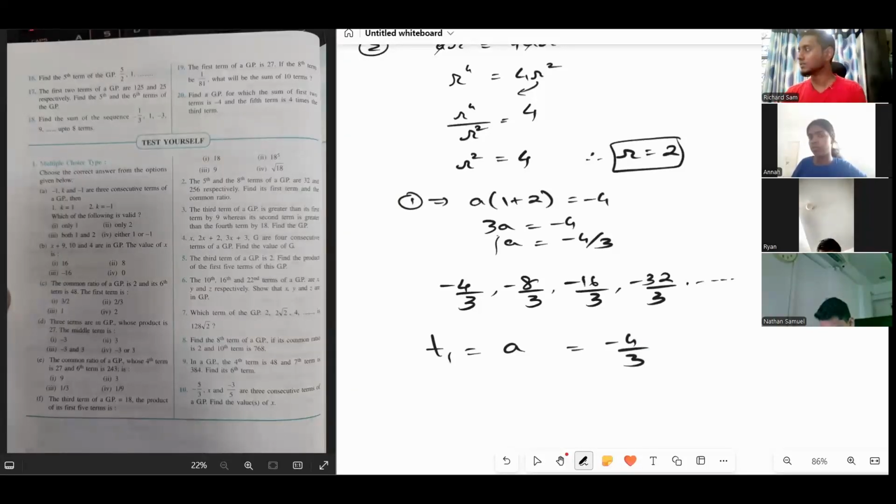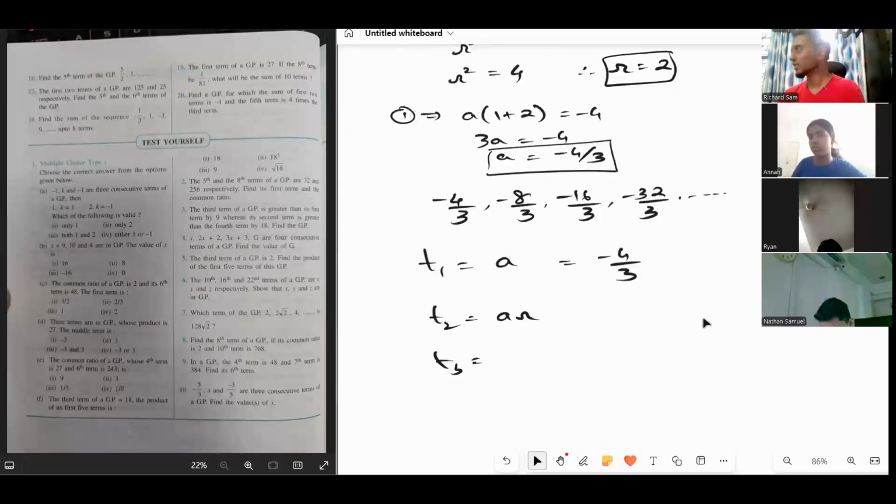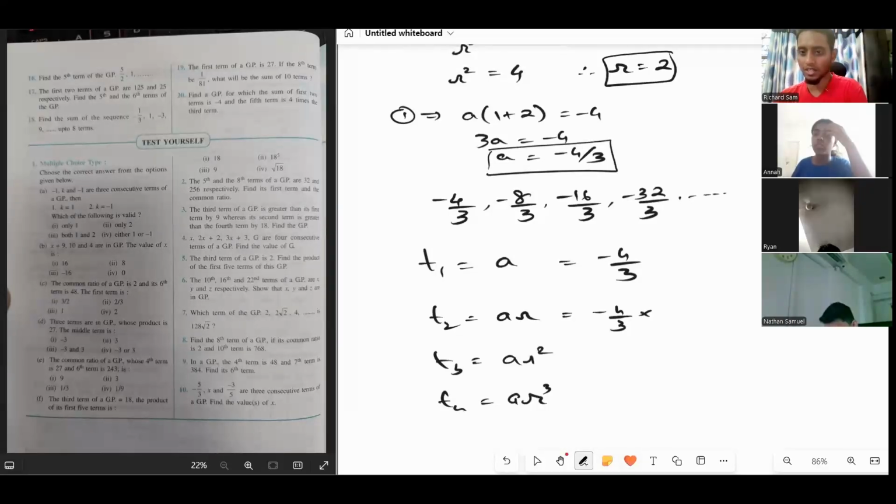T3 is AR squared. T4 is AR cube. So just put the value. A is -4 upon 3 into R. R is 2. That's how we got this -8 upon 3. Then AR squared is -4 upon 3 into 2 squared. 2 squared is 4. 4 fours are 16. Substitution.